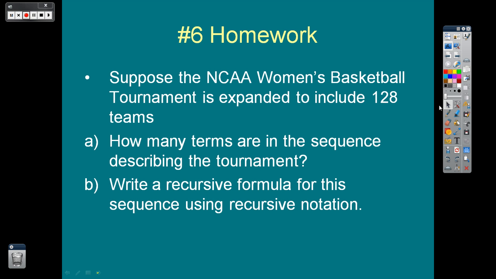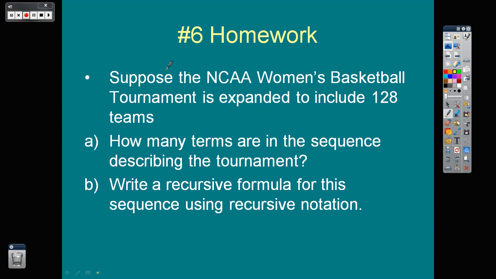Suppose that we expanded it to include 128 teams, so now we're looking at 128, 64, 32. This isn't going to change everything, because now the sequence has 1, 2, 3, 4, 5, 6, 7 terms.